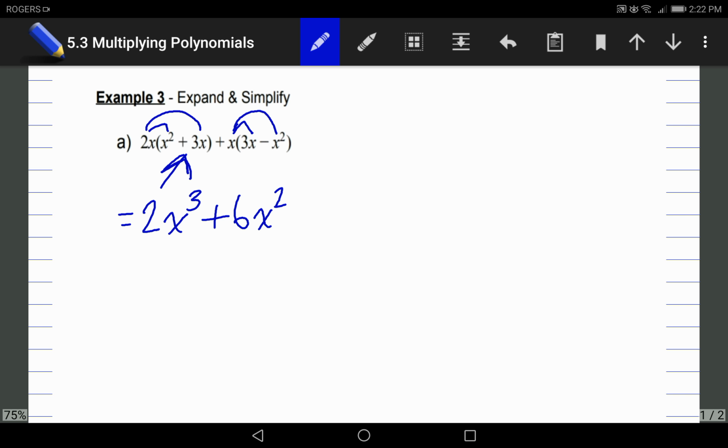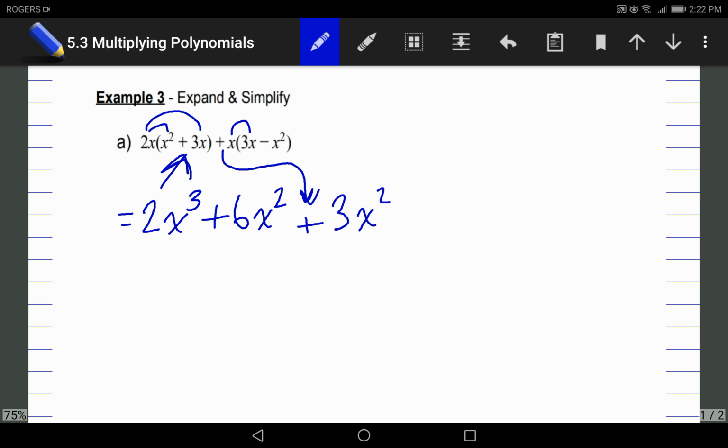Now because that's a plus x, okay, bring down your plus sign. Bring down that plus sign right there. Okay, and now do x times 3x. What's x times 3x? 3x squared. Okay, x times 3x is 3x squared.